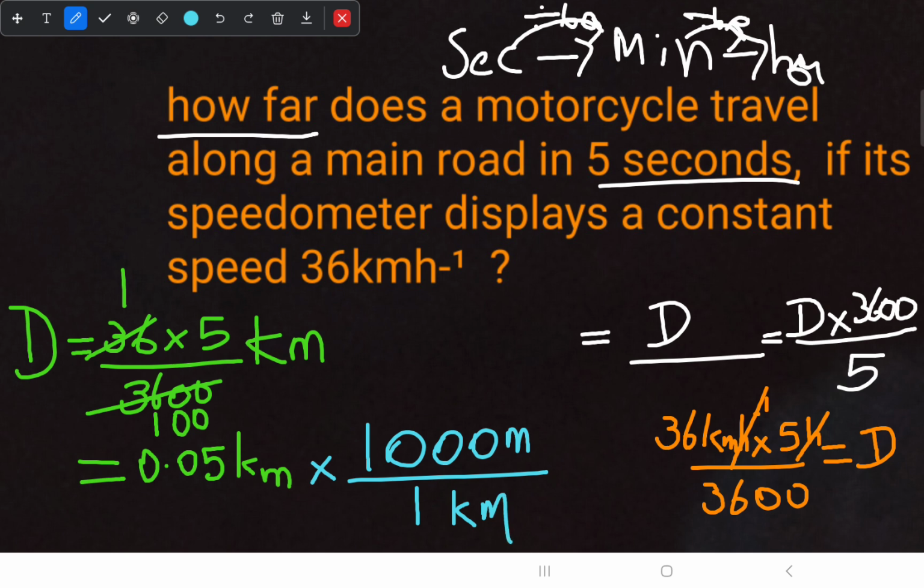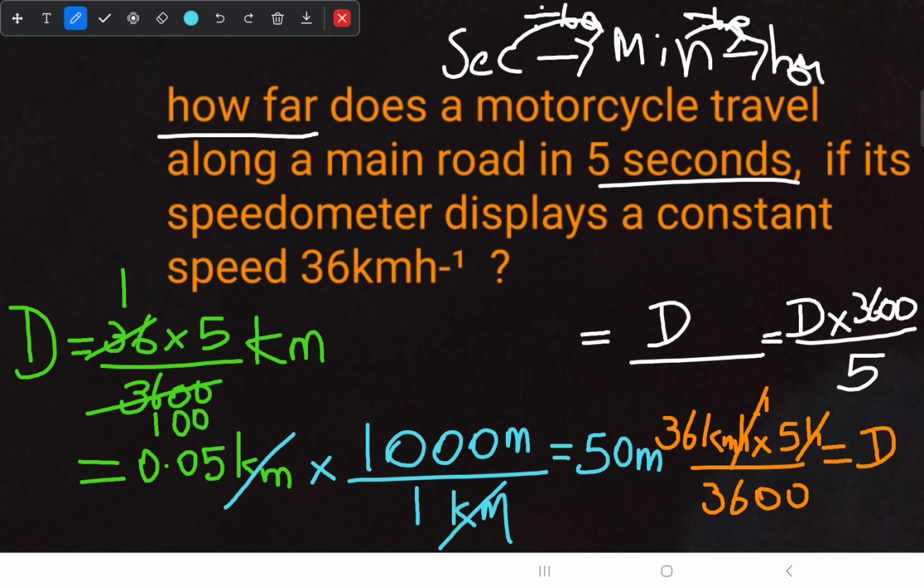So kilometer and kilometer can be simplified. When you multiply, your answer is 0.05 into 1000, which is 50 meters directly.